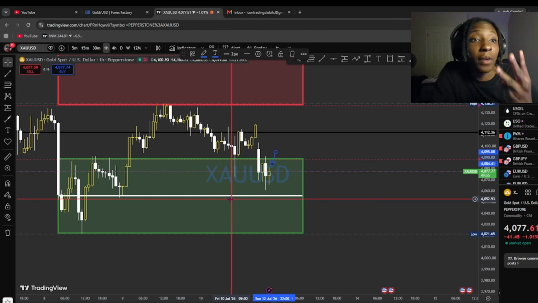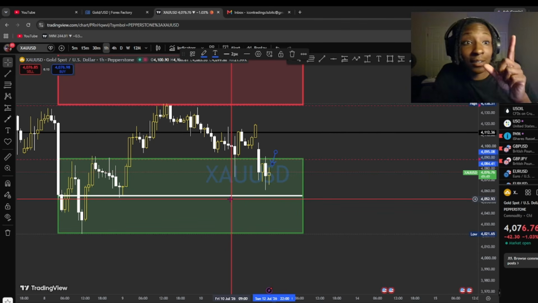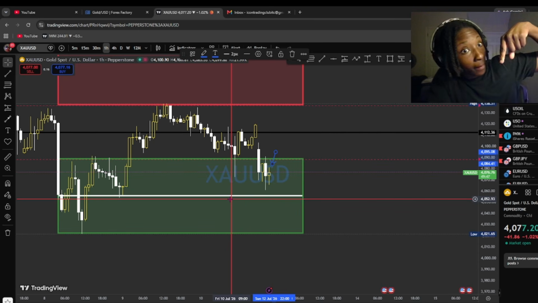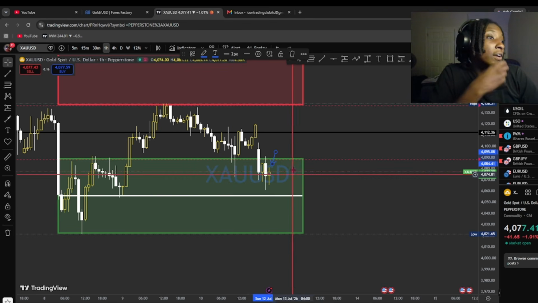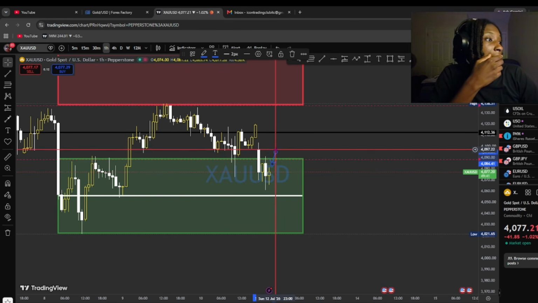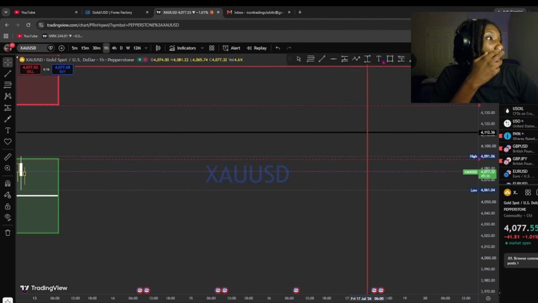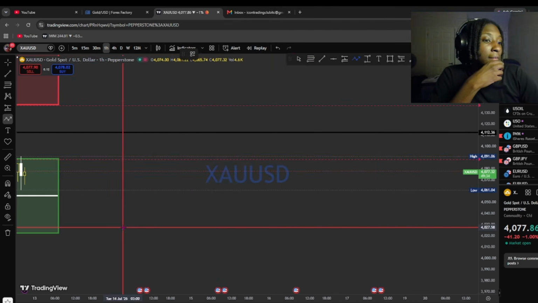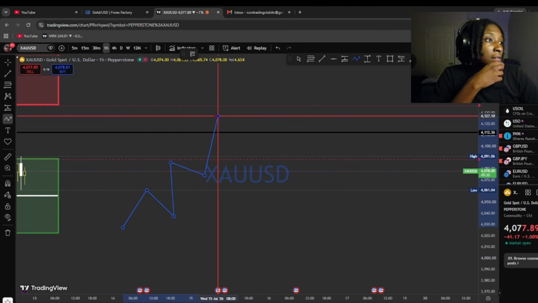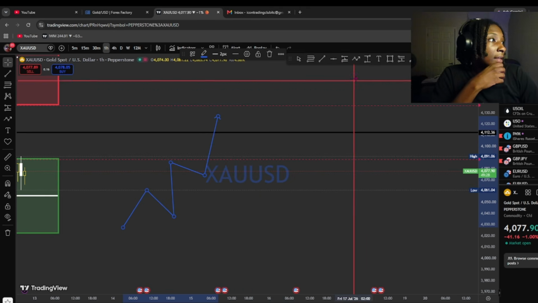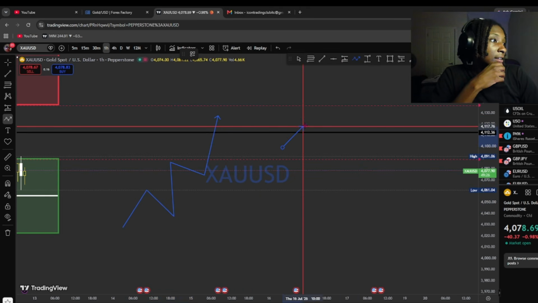There are three ways that you could tell: uptrend, downtrend, and range. So they have the uptrend, and then they have a downtrend.